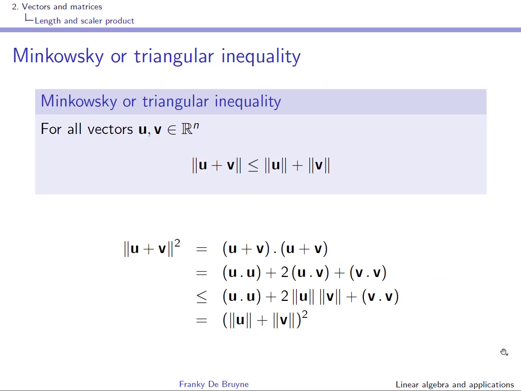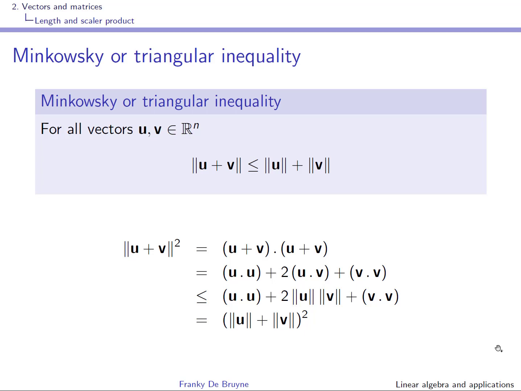Well, we can also prove the Minkowsky or triangular inequality. And this inequality says that for any vectors u and v in Rn, and again u does not need to be of unit length, the length of the sum of two vectors is always smaller or equal to the sum of their respective lengths.